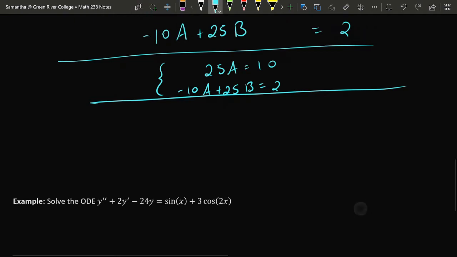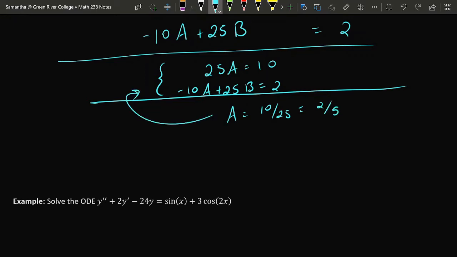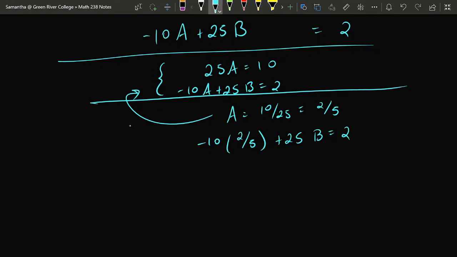So that implies that a is 10 over 25, or 2/5. And let's plug that into our second equation. Negative 10 times 2 over 5 plus 25 times b equals 2. So negative 4 plus 25b is equal to 2.